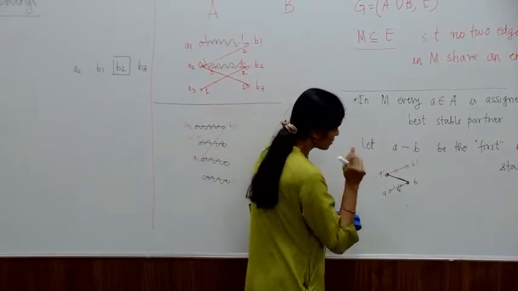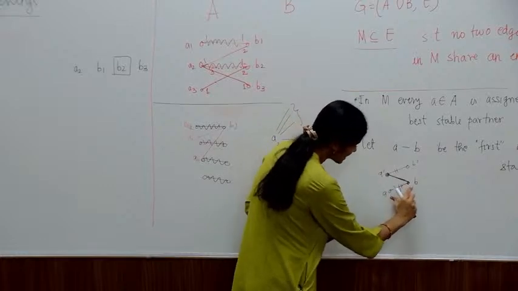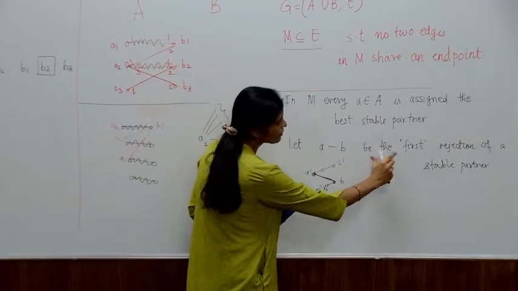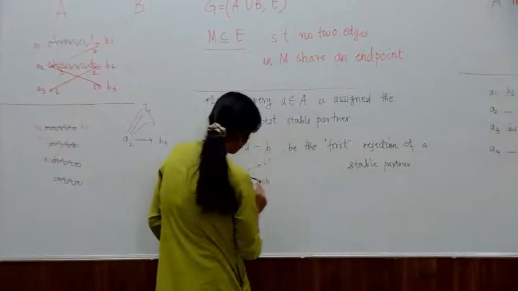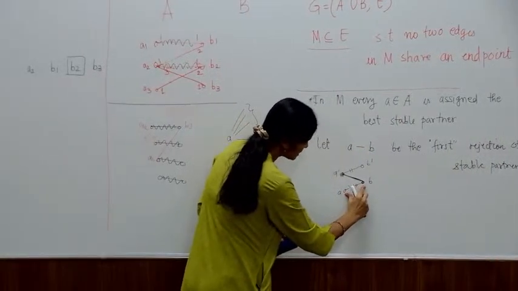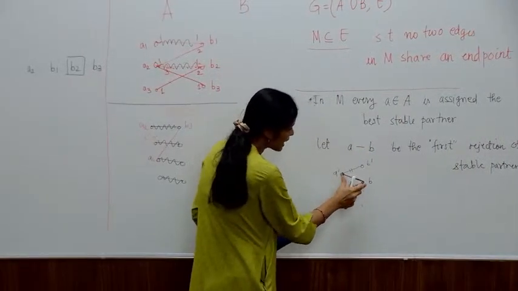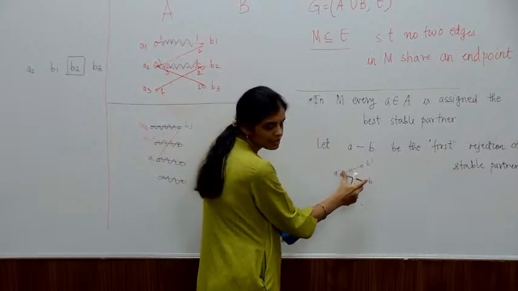Right? So now recall that we said that AB was the first rejection of the stable partner. We know that this AB rejection was triggered by A prime applying to B at some point.